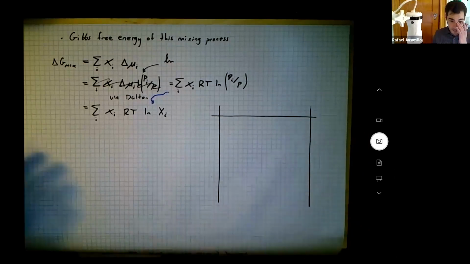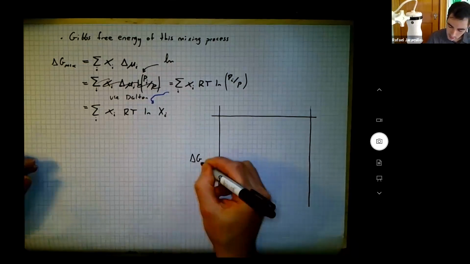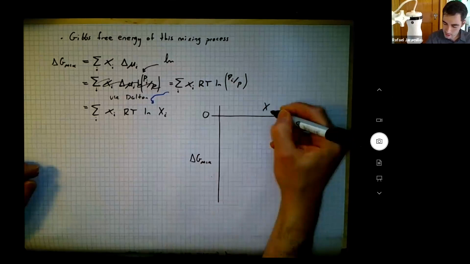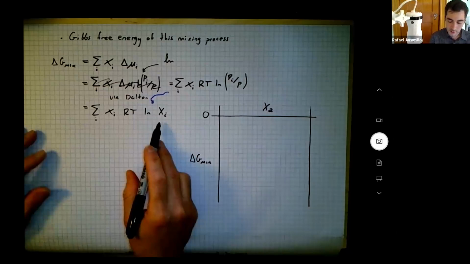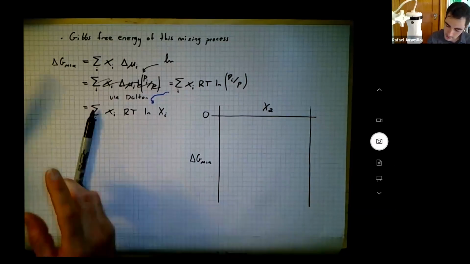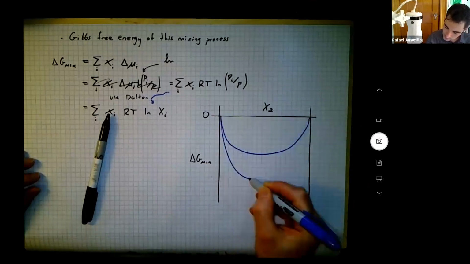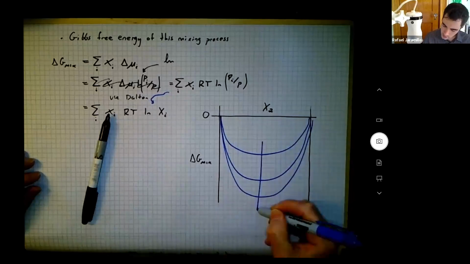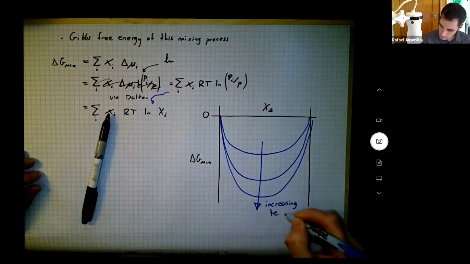So let's graph this and see what it looks like. I'm going to graph delta G of mixing. The first thing is that it's strictly negative. You can see that by the log expression. Mole fractions are less than or equal to 1, so this sum is less than or equal to 0. That's an important thing to observe. You have a family here with increasing temperature.